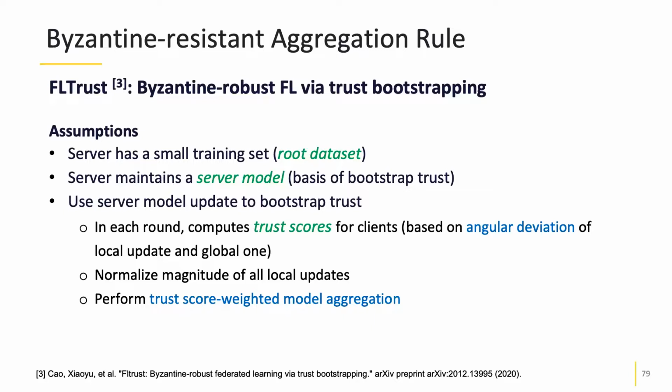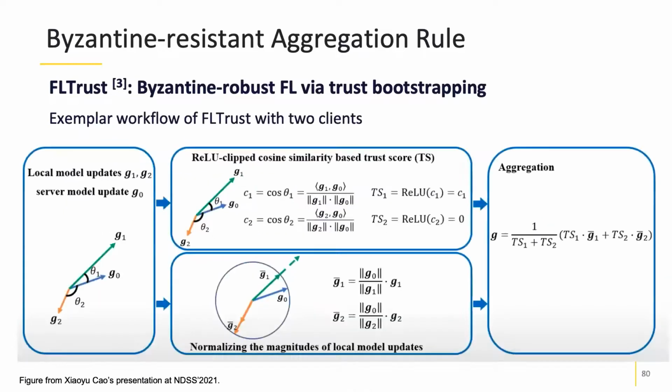Given the trust score for each client, the server performs model aggregation, where the weight of each local model is determined by its trust score. So a local update with a small score, which means that it has a larger angular deviation, will have less impact on the global model.